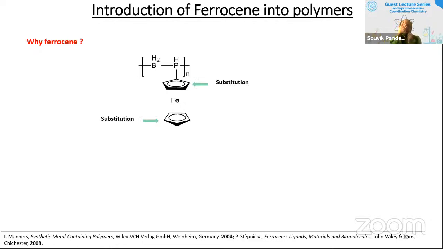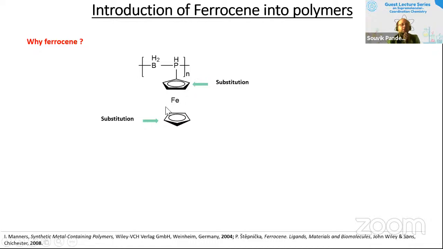So why do we want to introduce ferrocene into any polymer? I wrote here a BP type, phosphinoboron polymer, but it can be carbon-carbon also, because this ring behaves like an aromatic ring, like a benzene ring. So whatever reactions we know for the benzene ring, a similar approach we can use for this Cp ring, and we can use substitution.